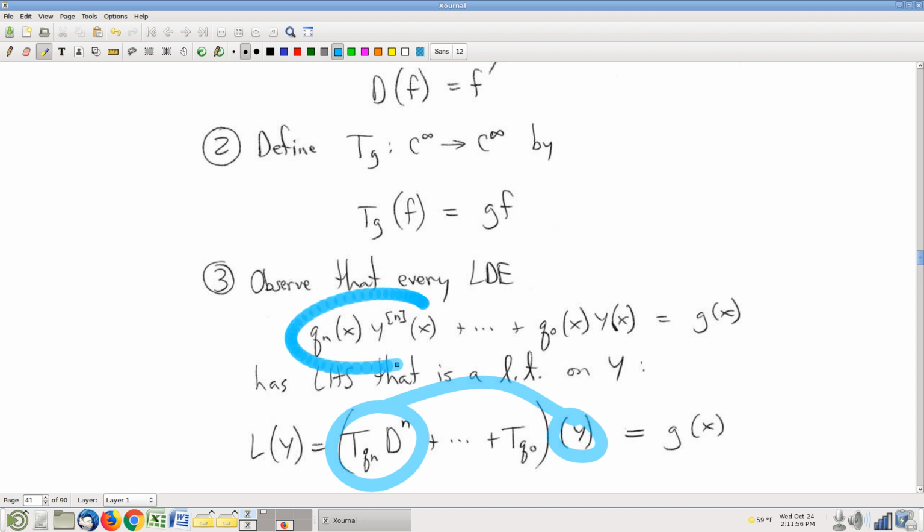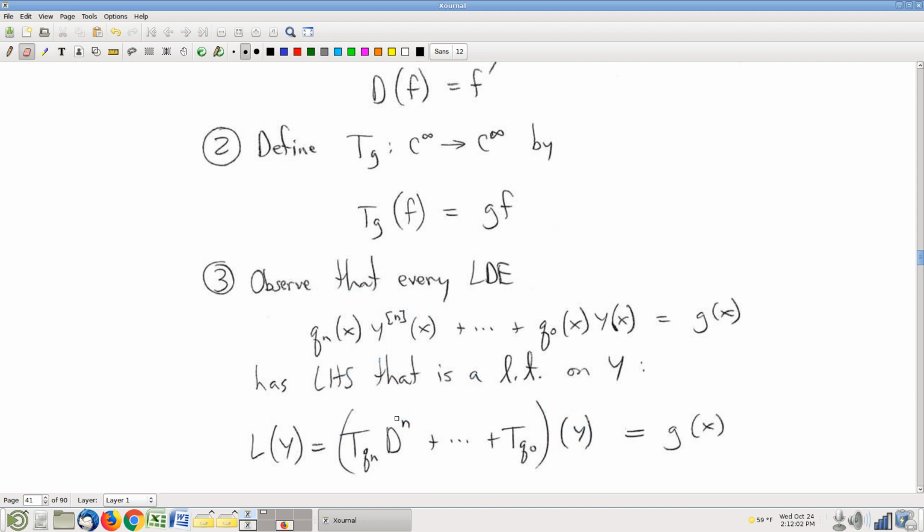That's exactly that term. Right? Etc. for all the other terms. So, this is kind of a new observation. Even though we thought of L as kind of a shorthand for what happens on the left-hand side of a differential equation, we can break that down into more elemental things. Those being D and this T thing that we defined.